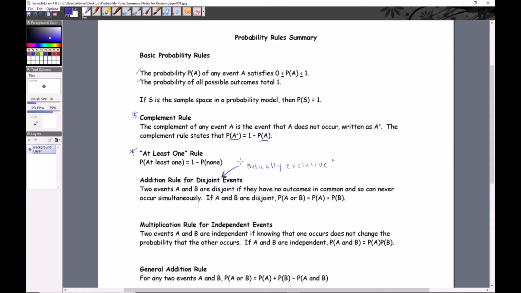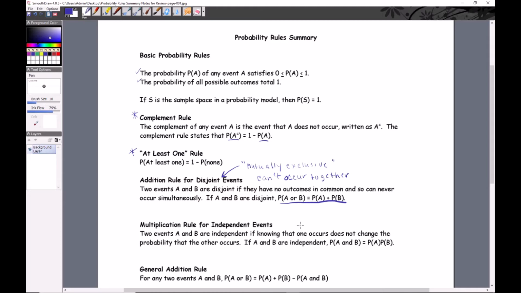Either one of those two things mean the same thing, and that's basically things that can't occur together. In that case, you have a formula for it, and remember, or in probability speak means plus. So the probability of A or B is the probability of A plus the probability of B.